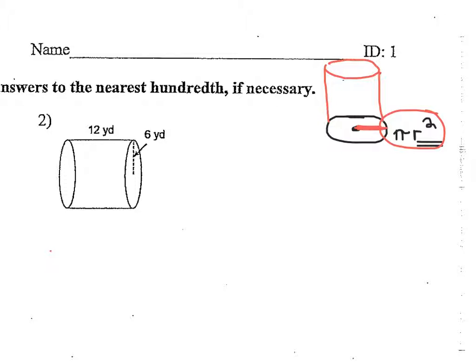So to figure out how many circles would fill up the cylinder, we just have to multiply that area of the circle, which is the base, times the height. So our formula for volume of a cylinder is pi times the radius squared, which is the area of that circle, times the height. And we can use this to find every cylinder's volume.